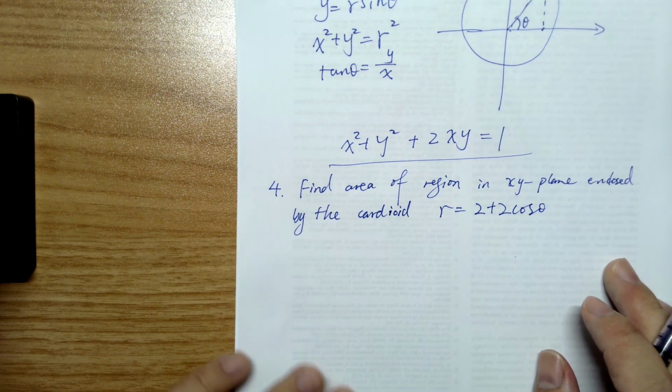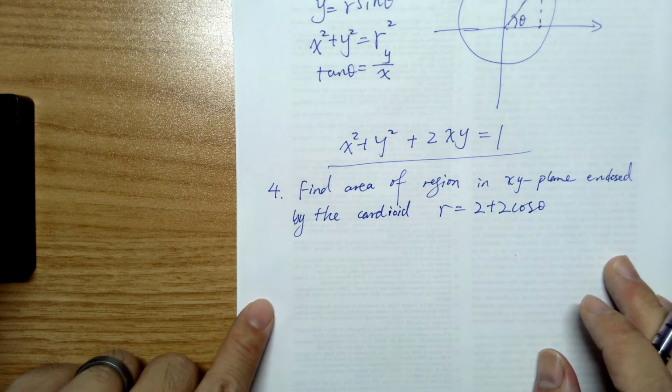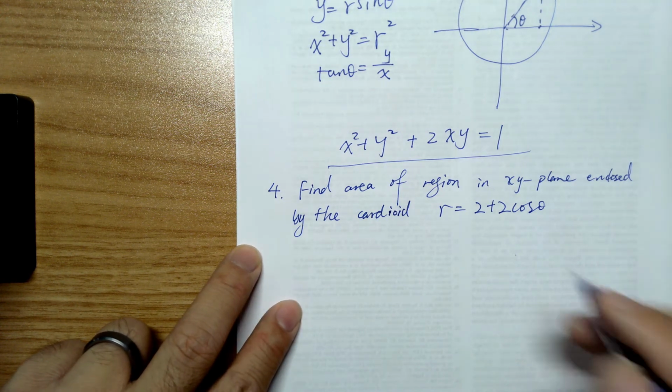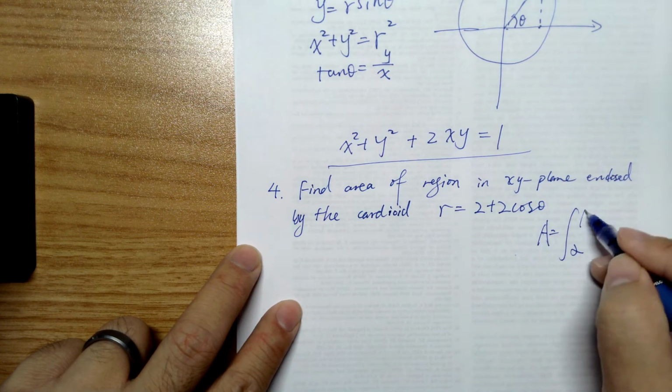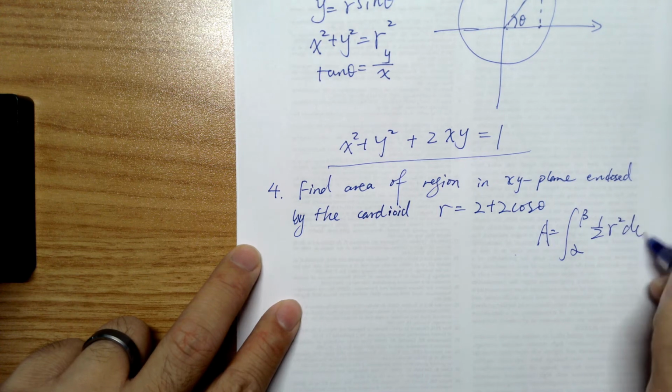So to handle this area and region, there is actually a formula. The area is the integral from alpha to beta of one half r squared d theta.